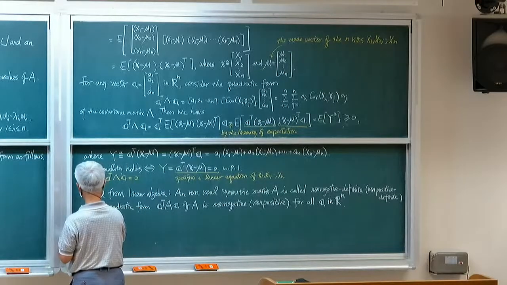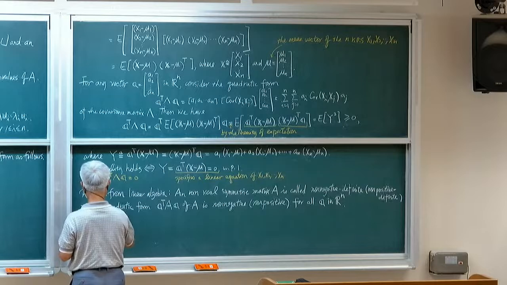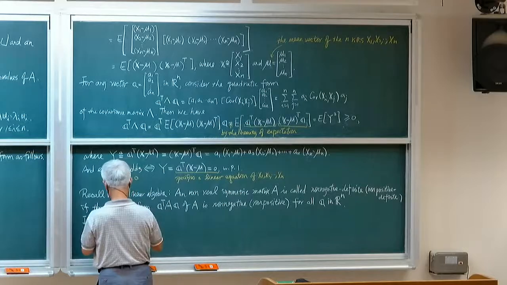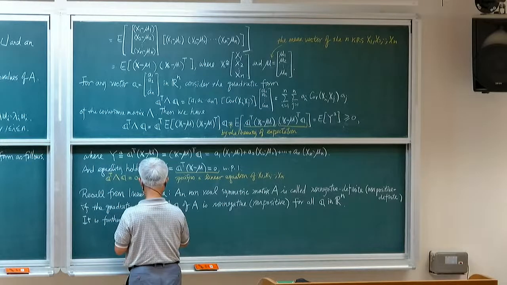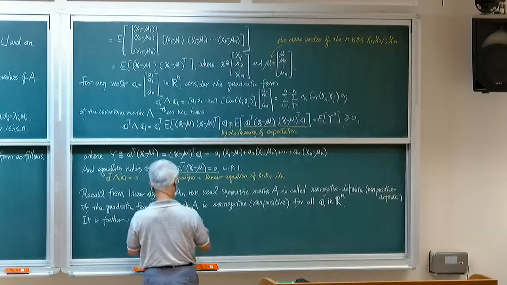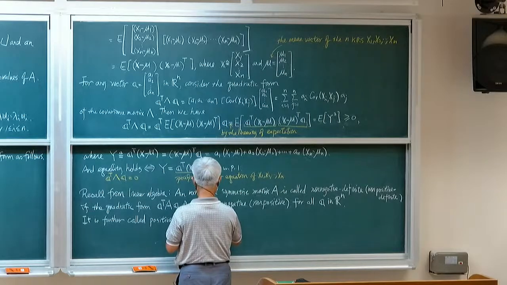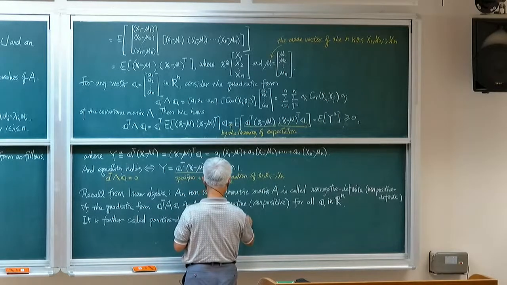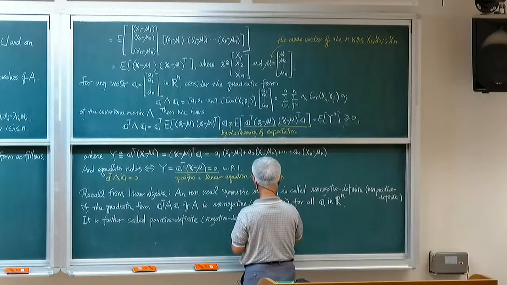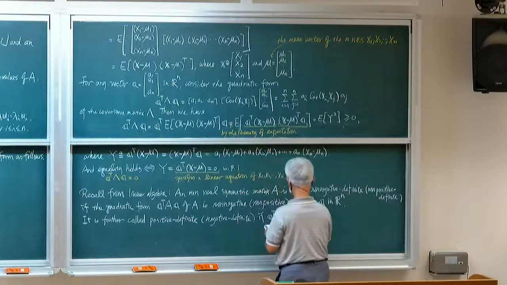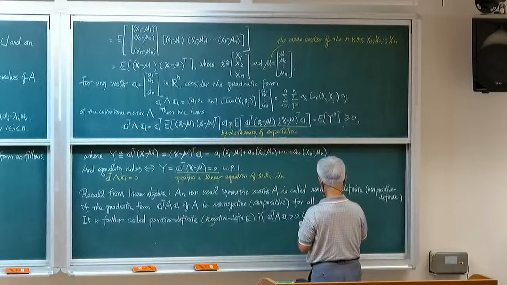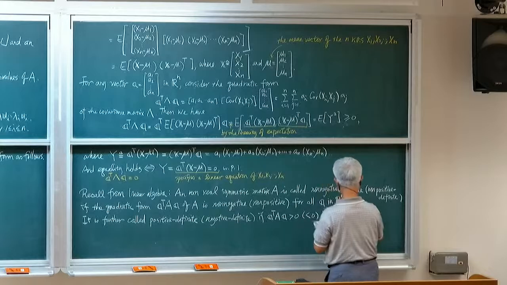And it is further called positive definite or negative definite, okay, if the quadratic form is positive or negative for all a not equal to the zero vector in Rn.